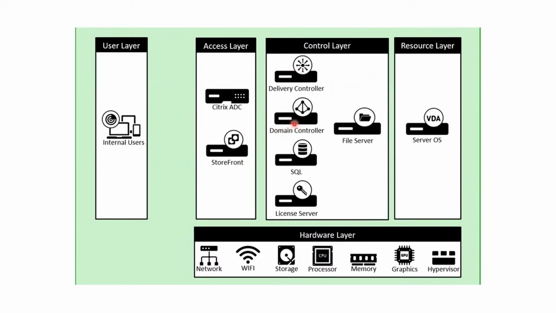Then your domain controller for user authentication. Then SQL server for the database, license server to allocate the licenses, and file server, which is basically storage where you store the user data. In the resource layer, we will store the VDI or the virtual machines which we will publish to our end users. It could be a virtual machine or it could be an application.